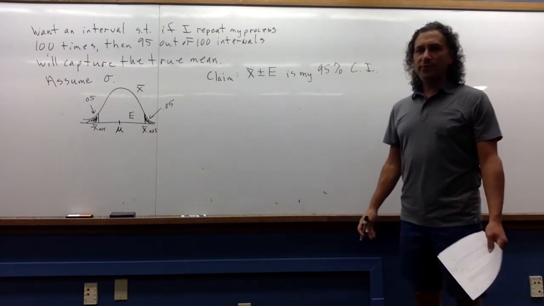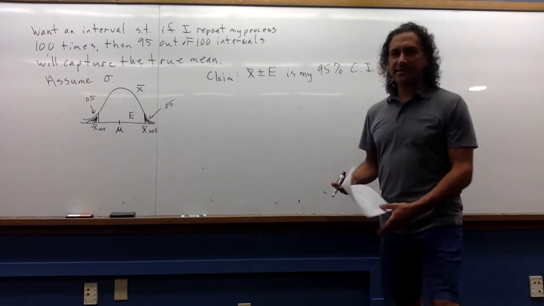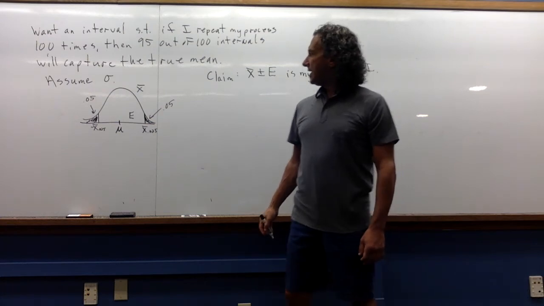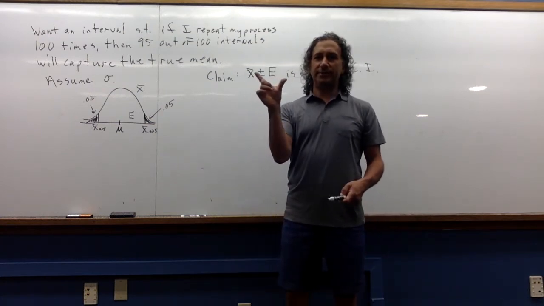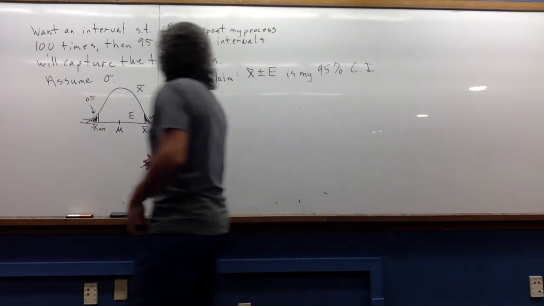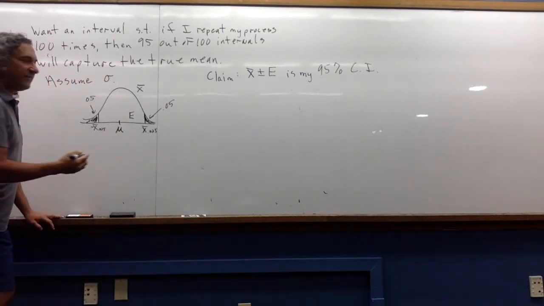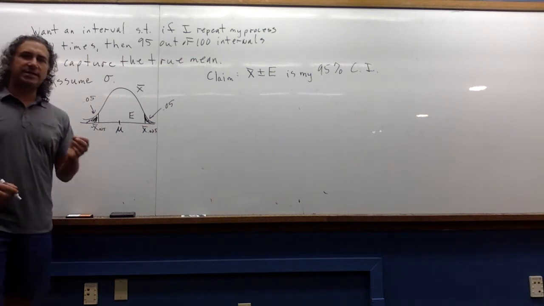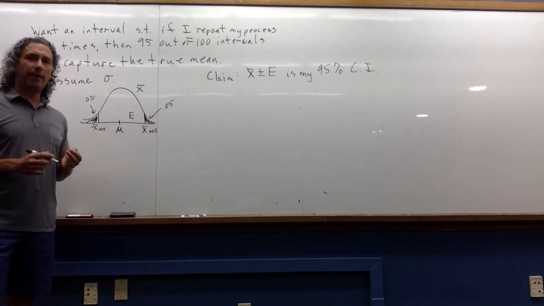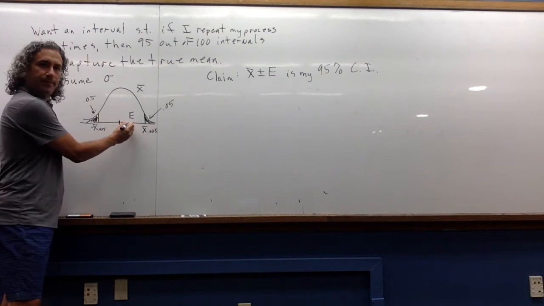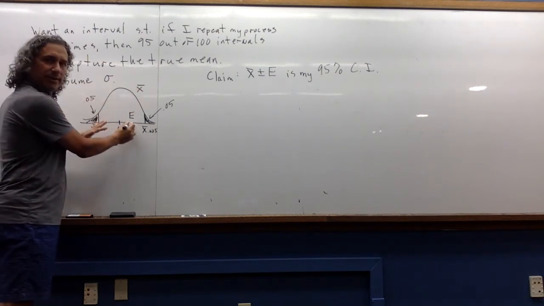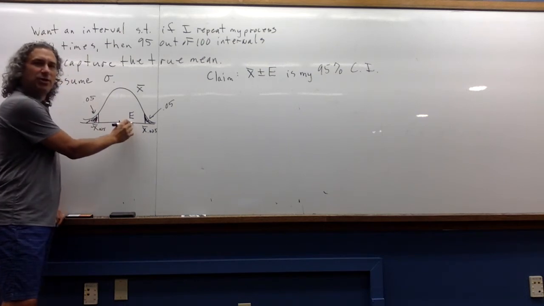Okay, so I'm going to prove this using a very sophisticated technique. This technique involves my two fingers. So watch. Let's say my first x bar, so again I can repeat this process again, which I'm going to call x bar sub 1, happens to be right here. So the truth of the matter again is I can't see this picture. So when I say it's right here, I don't actually know if it's to the right of mu or to the left of mu.